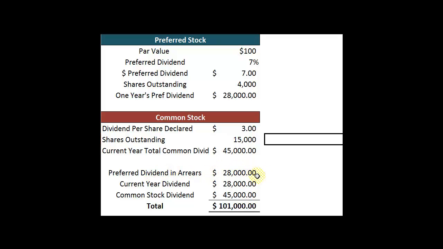In other words, they didn't pay the dividends for 1 year prior, so they owe 1 year's worth, plus they're going to pay the current year's dividend of another $28,000. And then we're told that there's a $3 per share dividend on common stock that we're also going to pay out. There are 15,000 shares outstanding of common stock, and so there is a $45,000 additional amount of dividends. You add those three together, and that tells us that we're going to declare and distribute $101,000 based off of this transaction only.